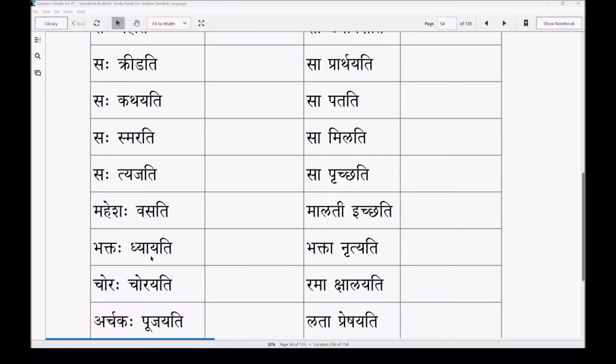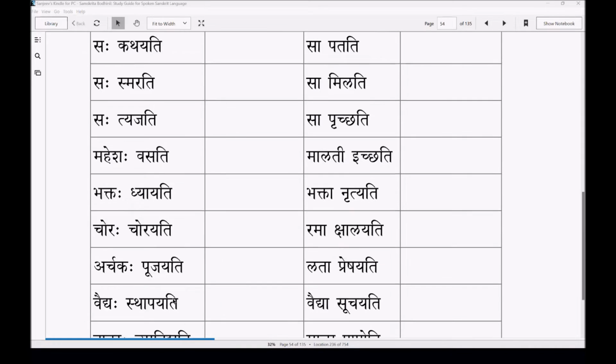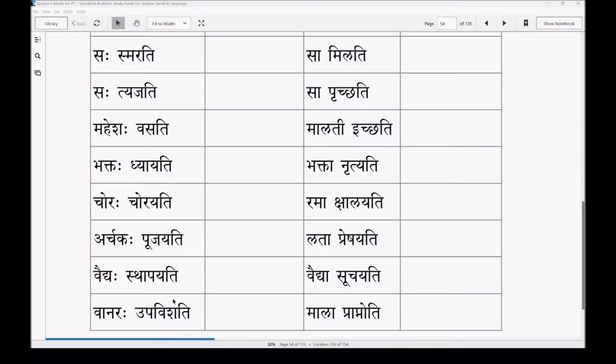Dhyayati, recalling or meditating, you can say. Then chorayati means stealing, and pujayati, worshipping or revering somebody. Sthapayati means, Vaidyaha sthapayati. Sthapayati means keeps something.